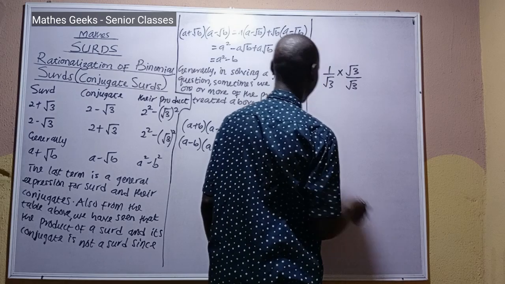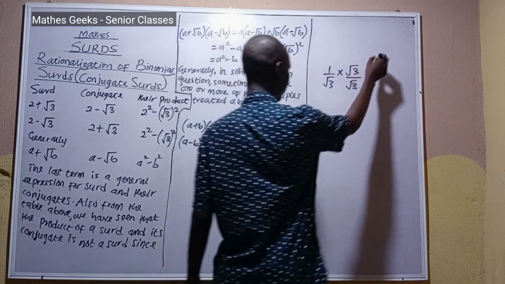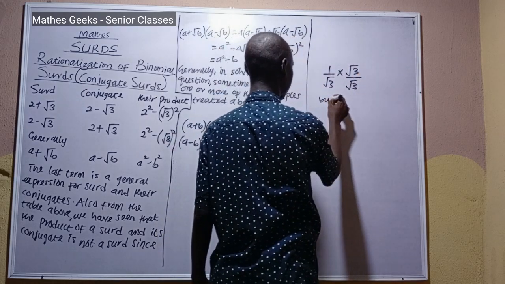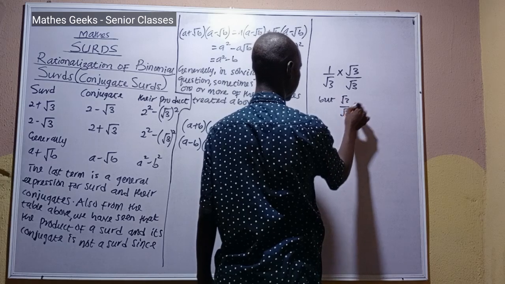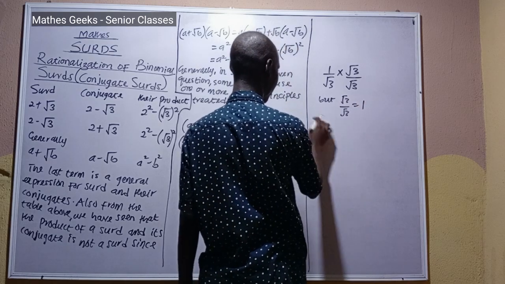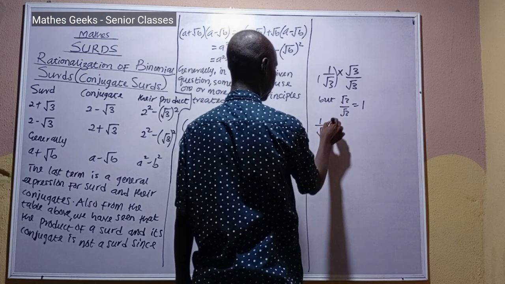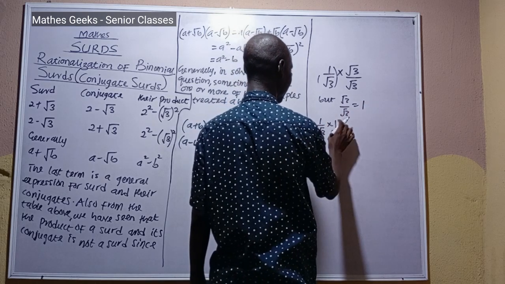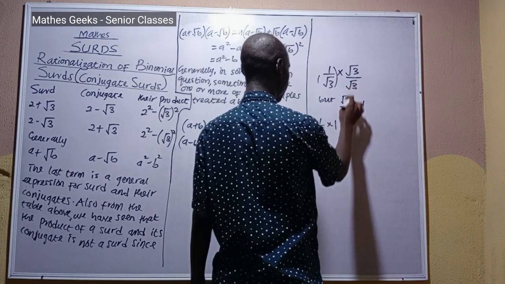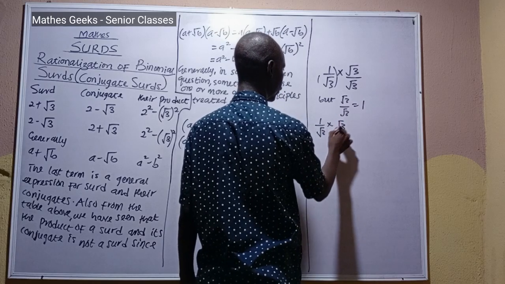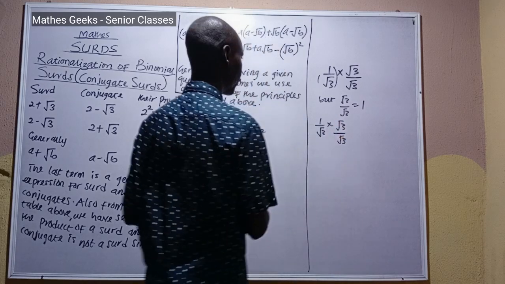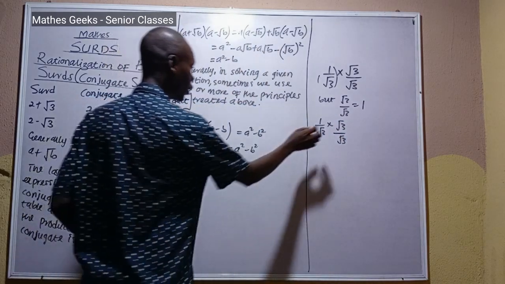So you're just multiplying the surd by 1, because root 3 over root 3 is equal to 1. This is how to rationalize the denominator of a single surd.